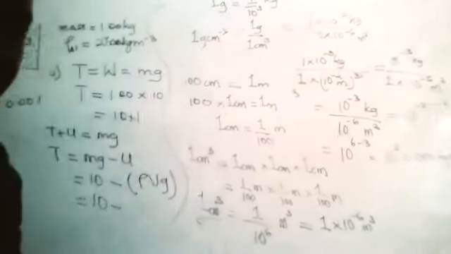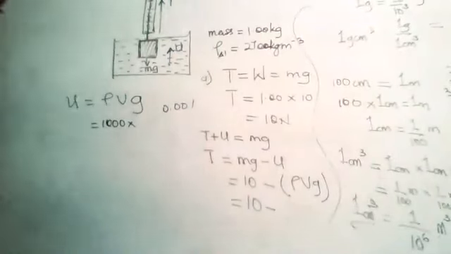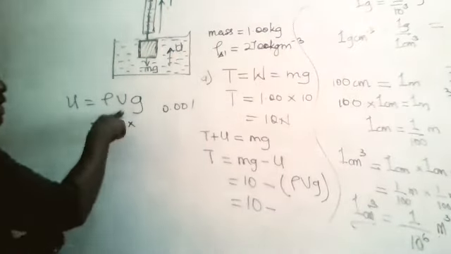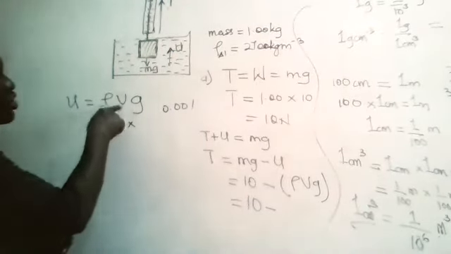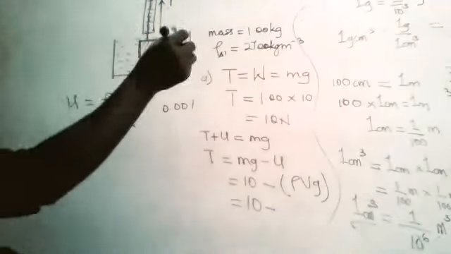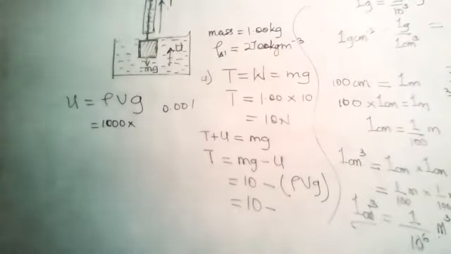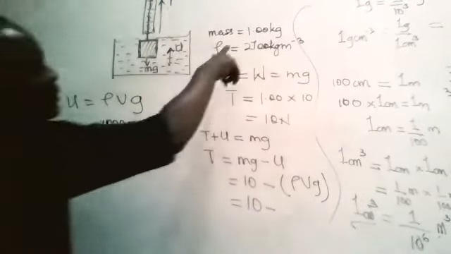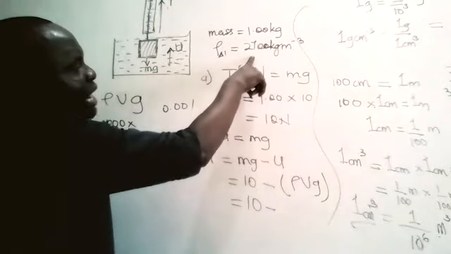So please let me take part of your time to finish this work. Because the metal is submerged completely in the water, the volume of water displaced is equal to the volume of the metal. Now look at it. We have its mass, we have its density.